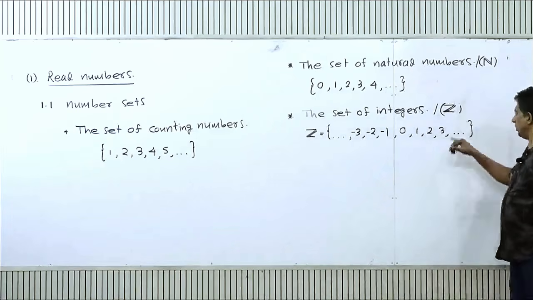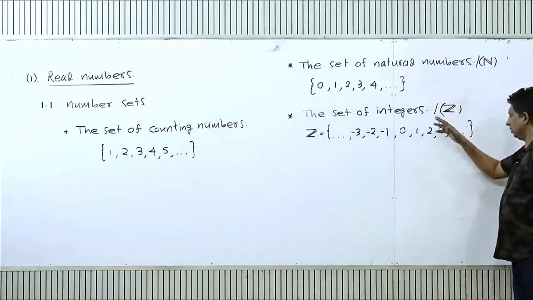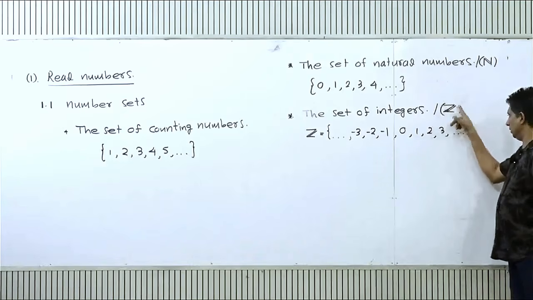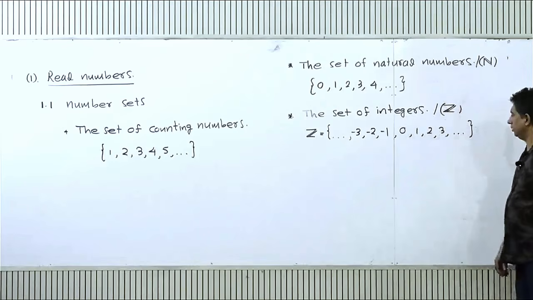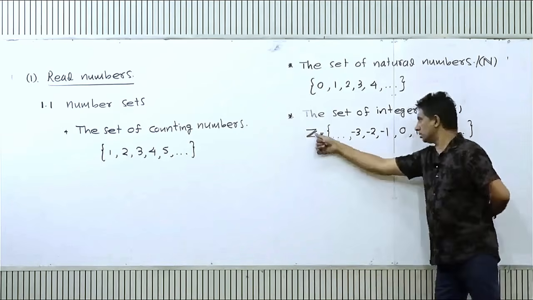It is denoted by this symbol. You don't write it here, but you have to put it within brackets when you write the topic, right? Now you have to write this set.